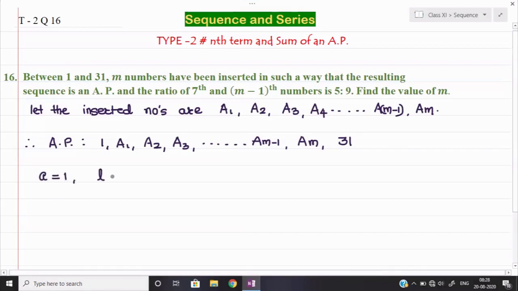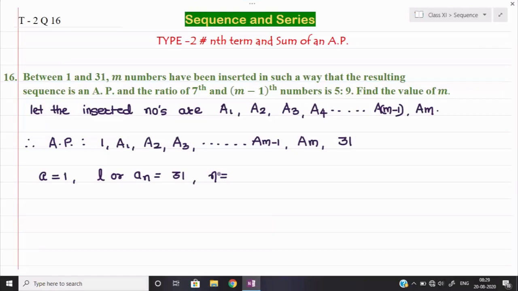The last term, or the nth term, is given here as 31. The number of terms we don't know, since we don't know the value of m, and hence we cannot find n. But we can express n in terms of m. How? a1 to am, total m numbers, and if I include 1 and 31 also, the quantity will increase by 2.